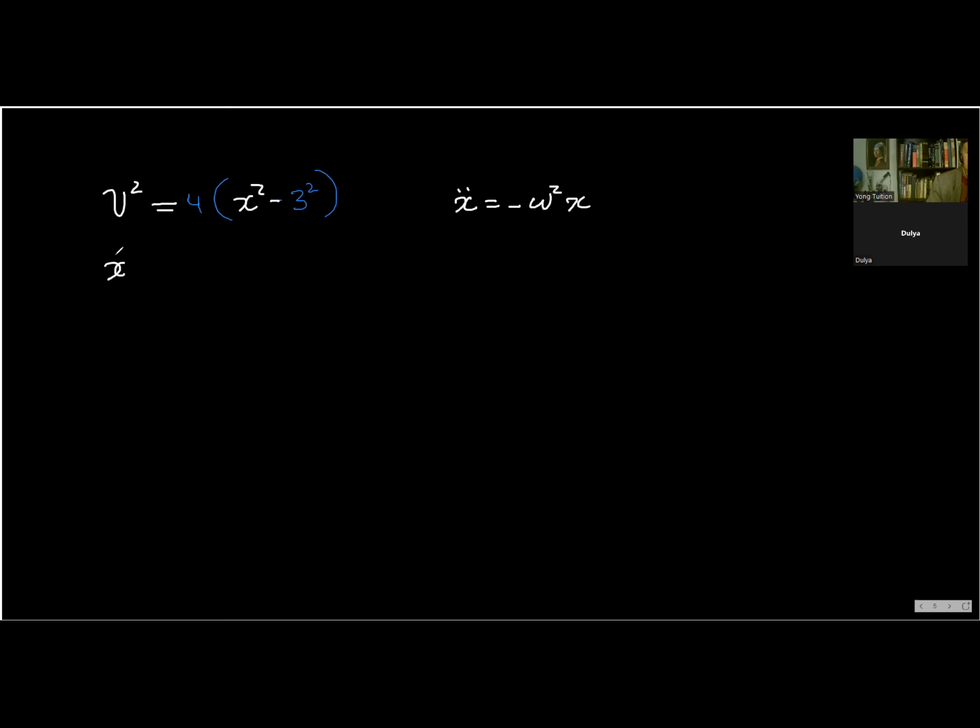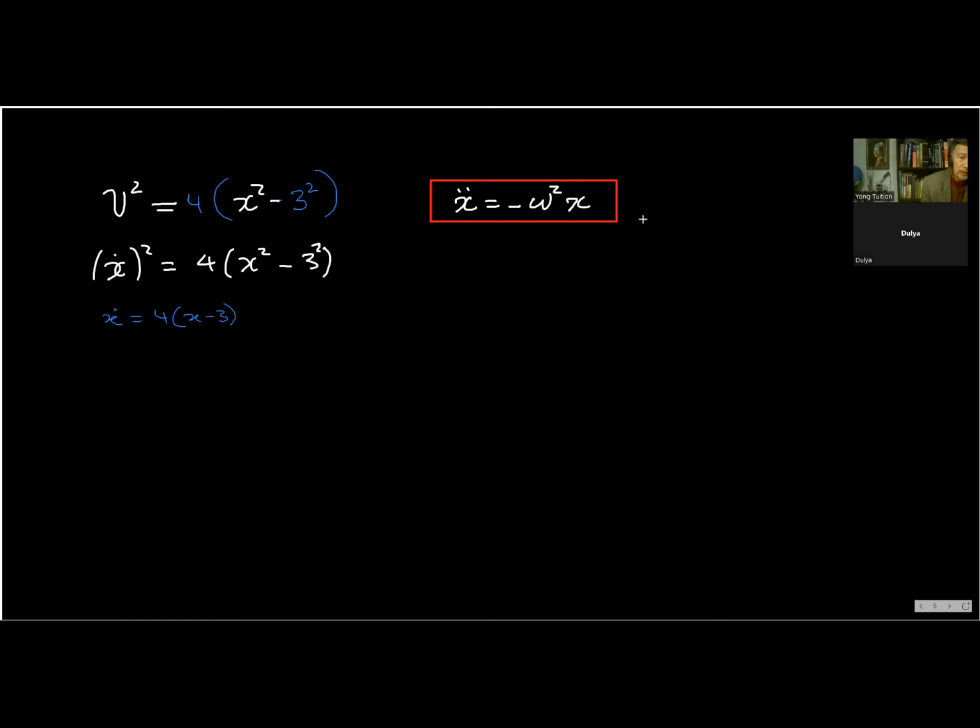We have v squared equal to 4x squared minus 3 squared. If you can derive the formula like this, then they are harmonic. Otherwise, they are not.